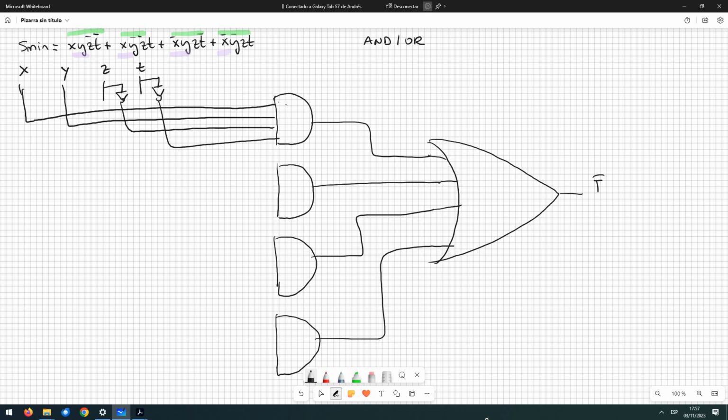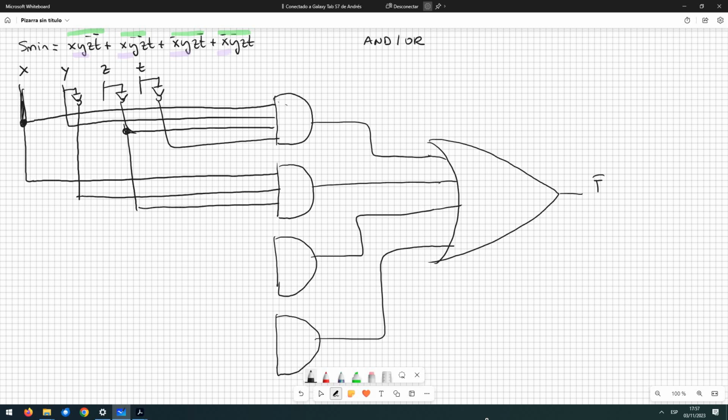In the second AND gate we need x. I draw circles to make clear that this is a connection. x, y negated, c negated, and t.